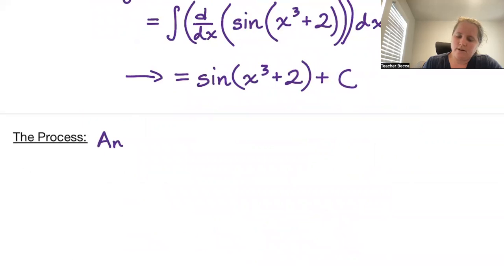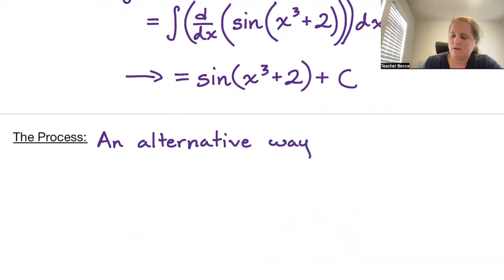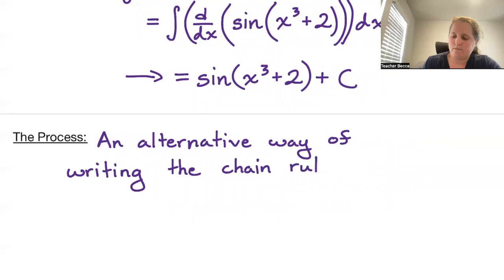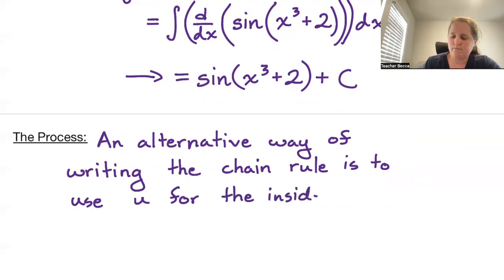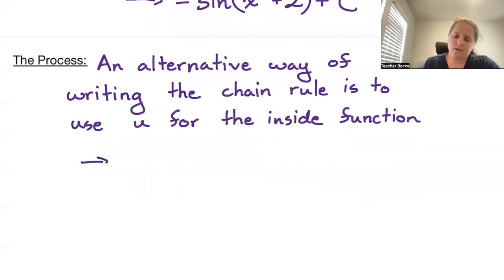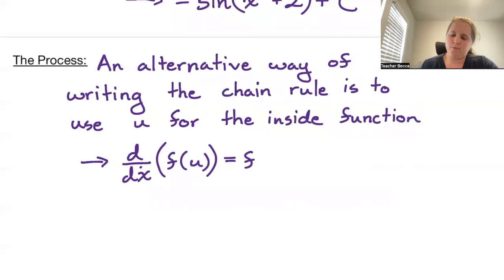So an alternative way of writing the chain rule is to use u for the inside function, and so that chain rule becomes the derivative of f of u with respect to x is equal to f prime of u times du dx.